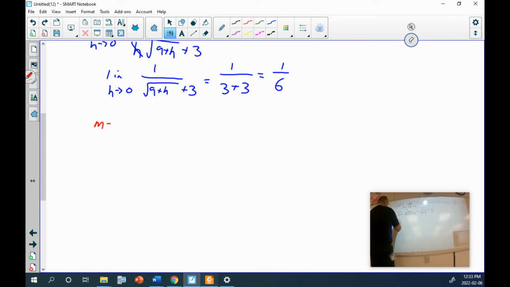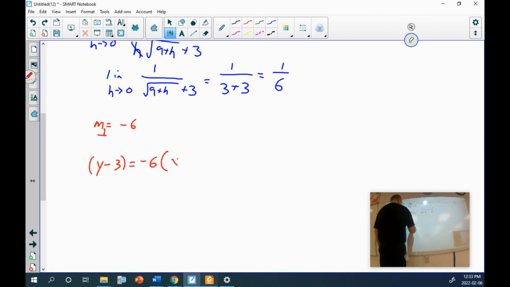So the slope of our line perpendicular is -6. So we have y minus 3 equal to -6 times x minus 12. Y minus 3 is equal to -6x plus 72.